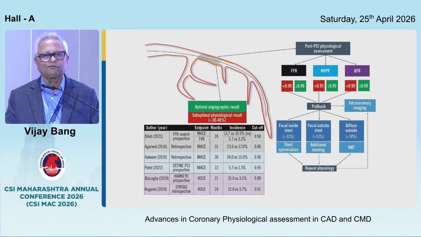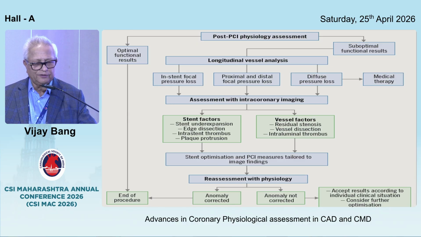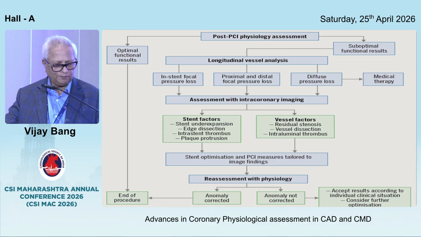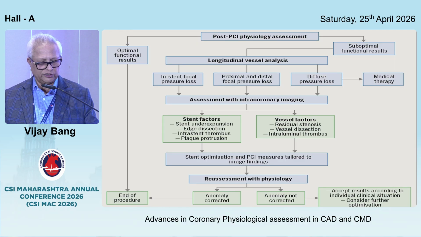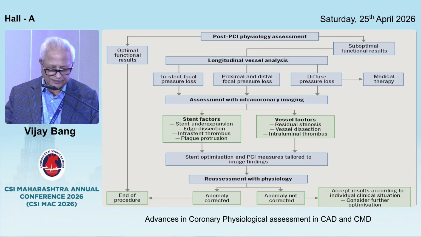I know all of us nowadays use an NC balloon post-stenting and optimize it to the best possible level at high pressure. That is true. So post-PCI physiological analysis: if the functional result is optimal, end the procedure. If it is not optimal, then it is a stent factor, such as under-expansion, edge dissection, thrombus or plaque protrusion, or it's a residual stenosis beyond the stent, or vessel dissection.